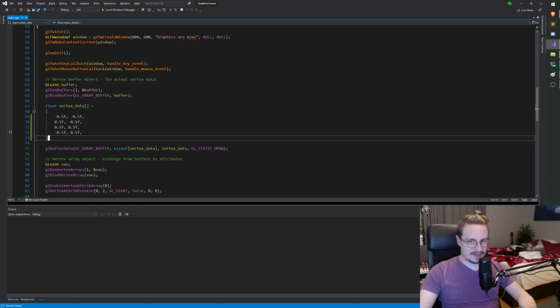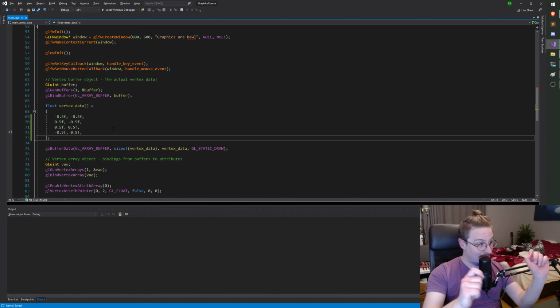If that doesn't make sense, I encourage you to draw the NDC square and look at which quadrant each vertex is going to be in and why. I'm going to warn you that if you want your example to look exactly like mine, the order is important. I'm just going to throw that out as a hint.